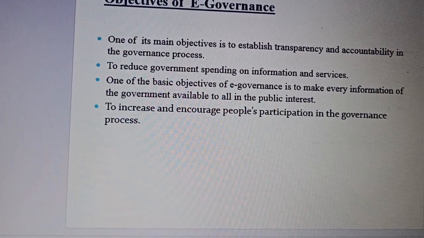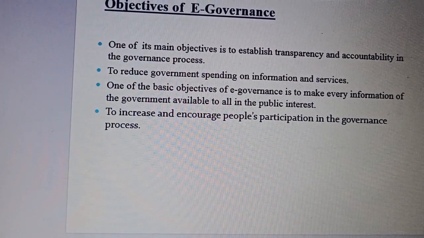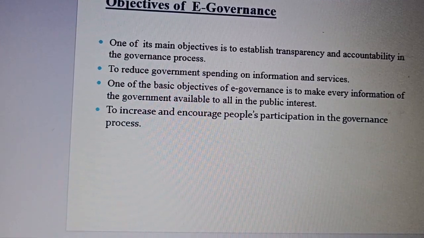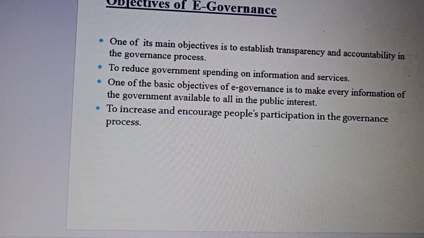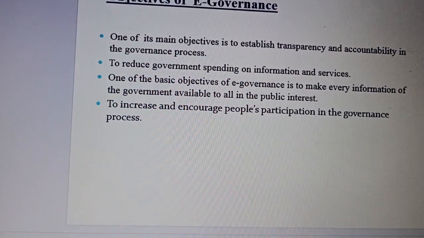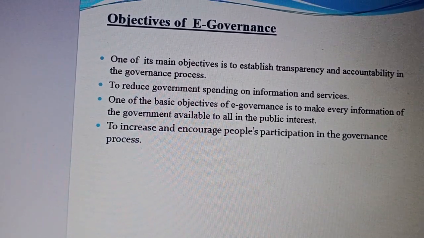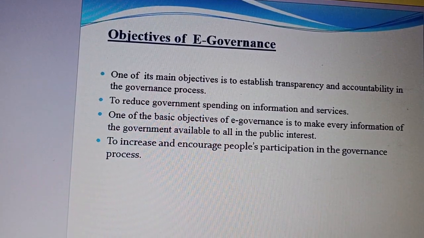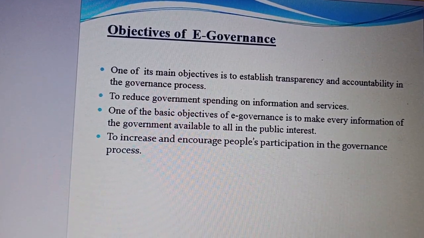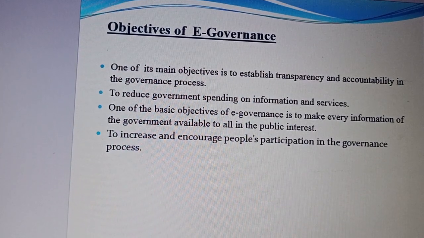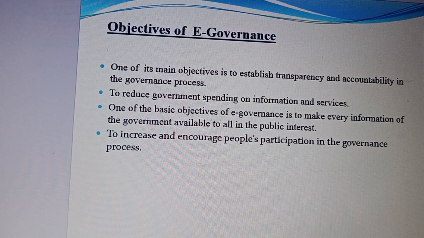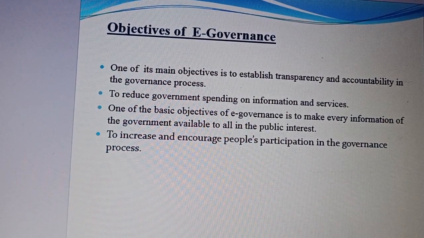Next slide is objectives of e-governance. One of its main objectives is to establish transparency and accountability in the governance process. The second objective is to reduce government spending on information and services.